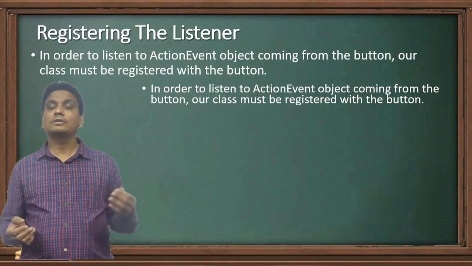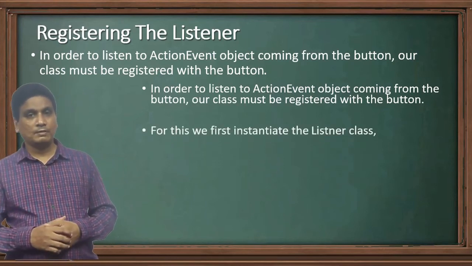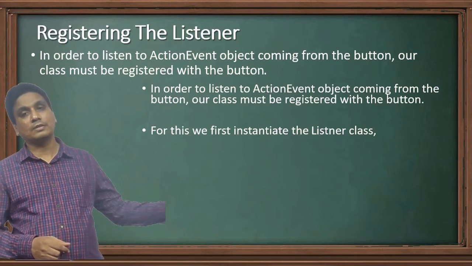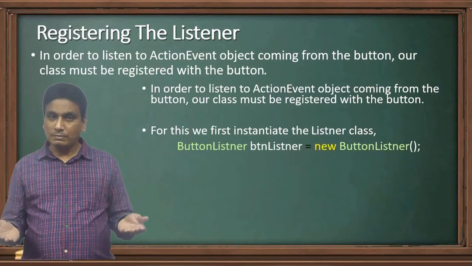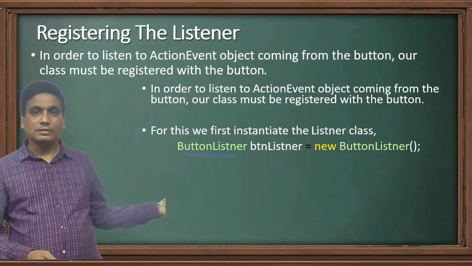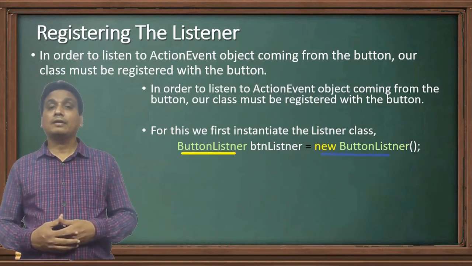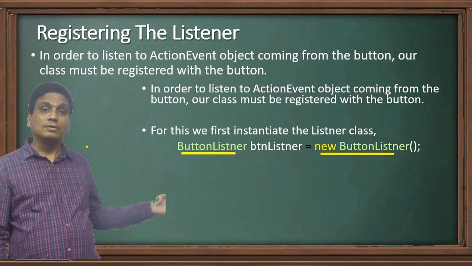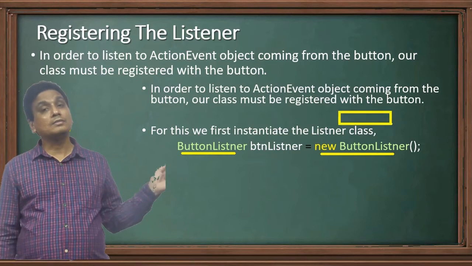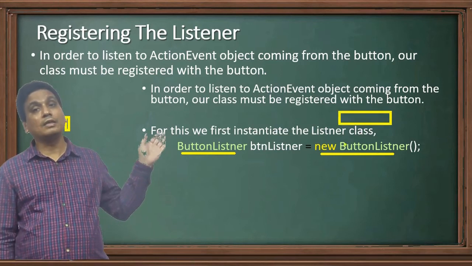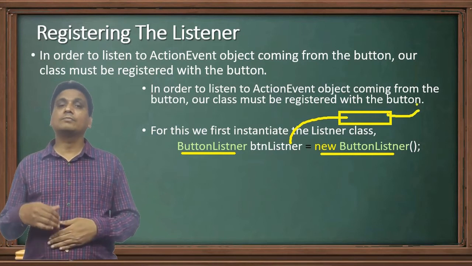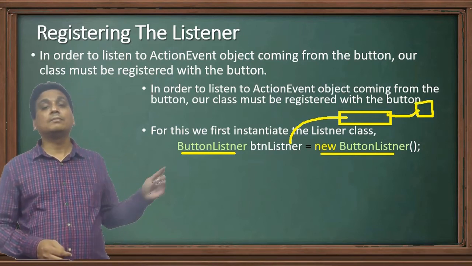So let's look at how this can be performed. First, you create an instance of your listener. In our previous case, we created the ButtonListener, and now I create a new instance of this.